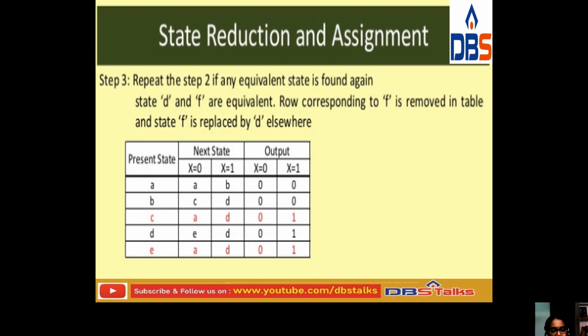So from this, if the states D and F are equivalent, the row corresponding to F is removed in the table, and the state F is automatically replaced by D elsewhere. This is the present state, this is the next state, and this is the output. These are the processes that we are going to carry out here.